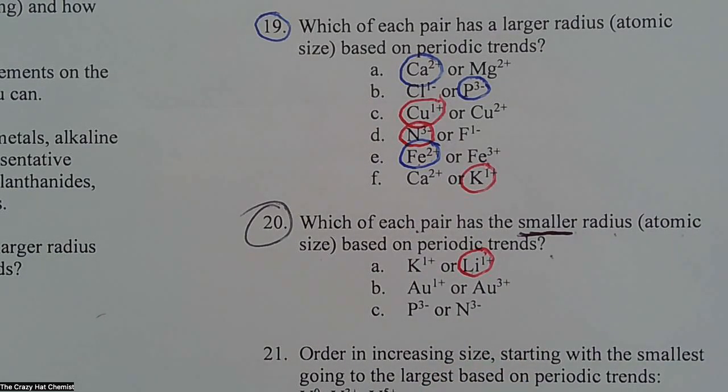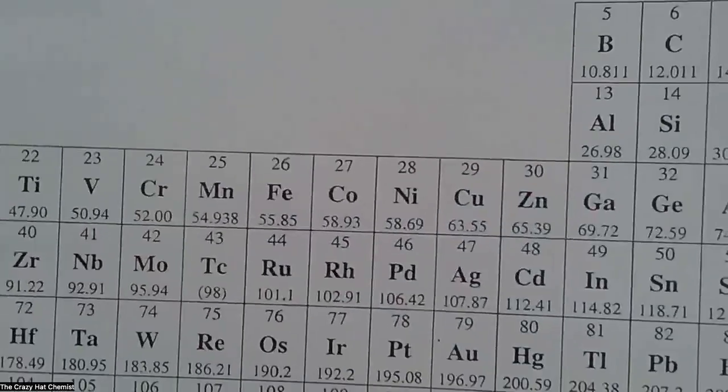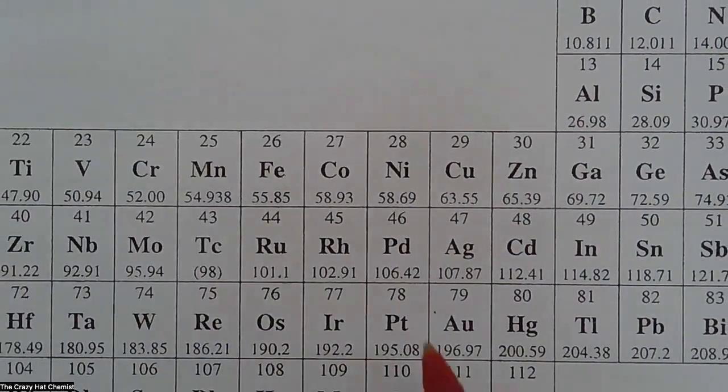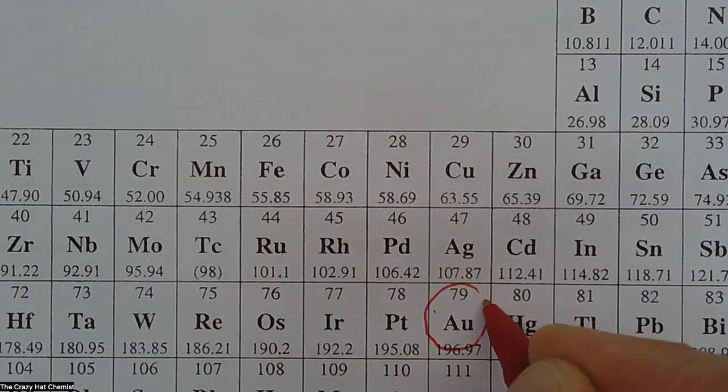All right, fantastic. The next one here is B, and that's Aurous or Auric. That's gold 1 plus and gold 3 plus. Here we're talking about gold. And where is gold? Here is gold on the periodic table.